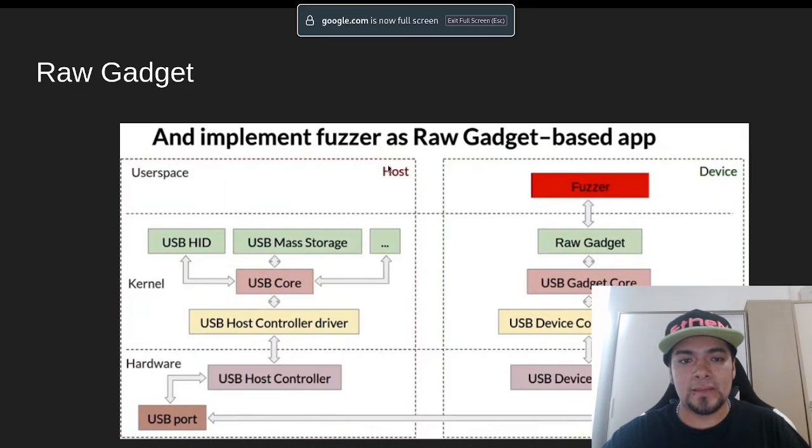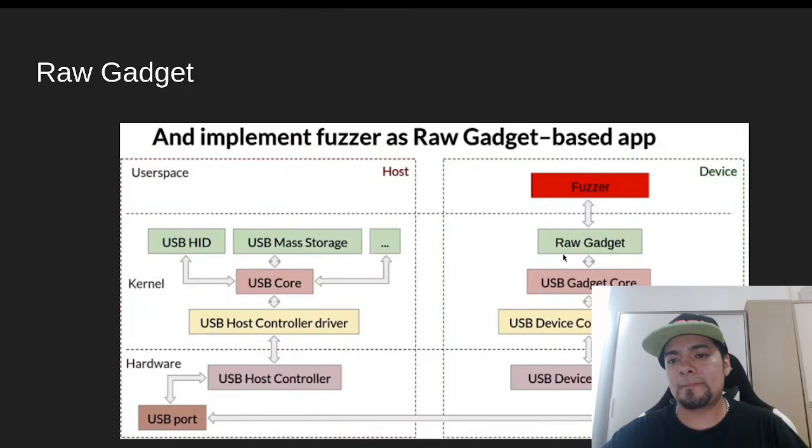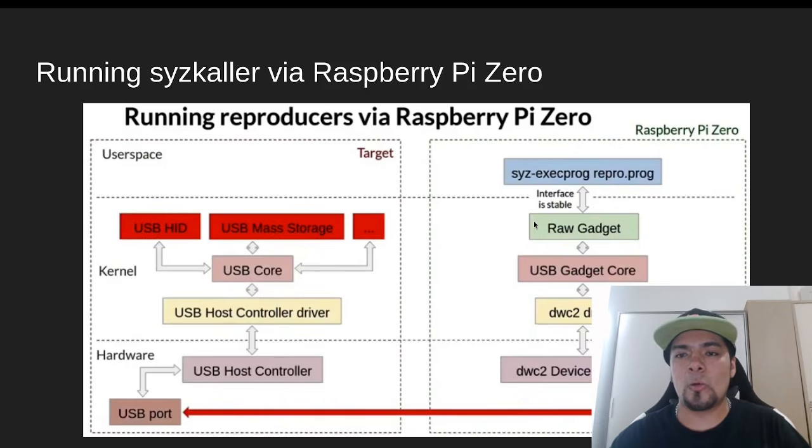So yeah, that will be the case, right? For example, we could implement this on a Raspberry Pi. And why a Raspberry Pi? Because the Raspberry Pi already has this DWC2 driver that has the functionality that allows you to emulate a USB device.